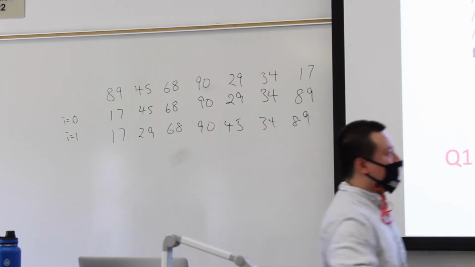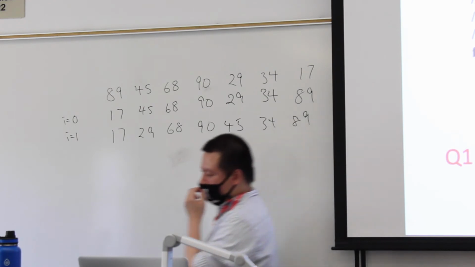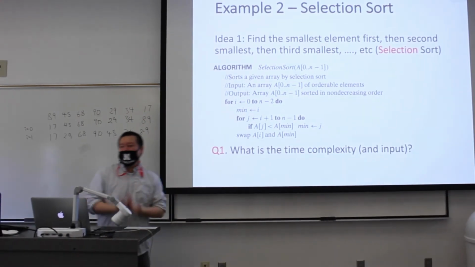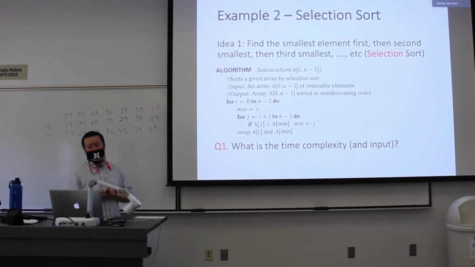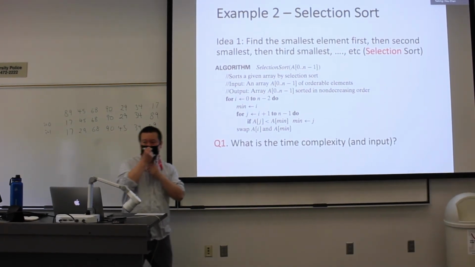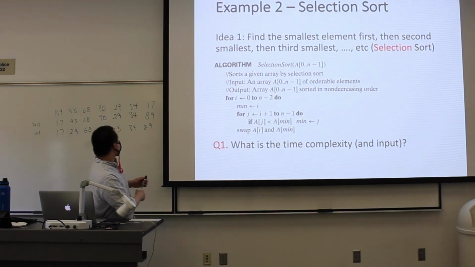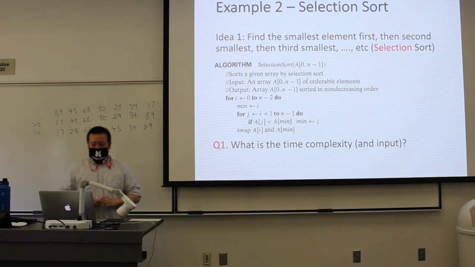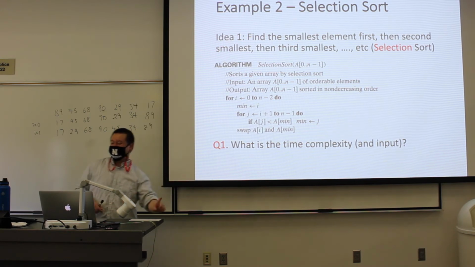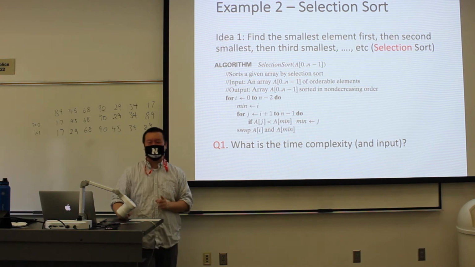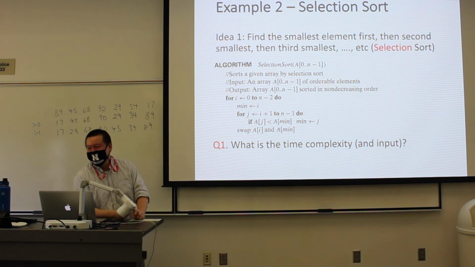So good. The next question, as I said, is we're going to try to understand the time complexity of the algorithm that we design. What is the time complexity of this algorithm? What is the first question you ask when you look at an algorithm and try to determine its running time?